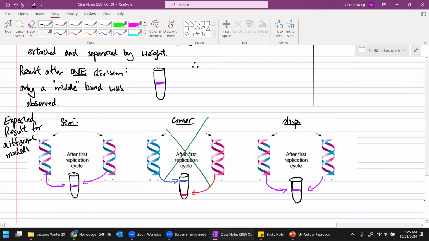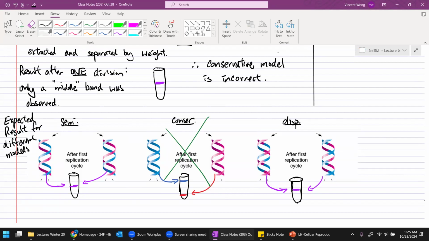Therefore, the conservative model is incorrect. But we do not know if it's semi-conservative or dispersive.